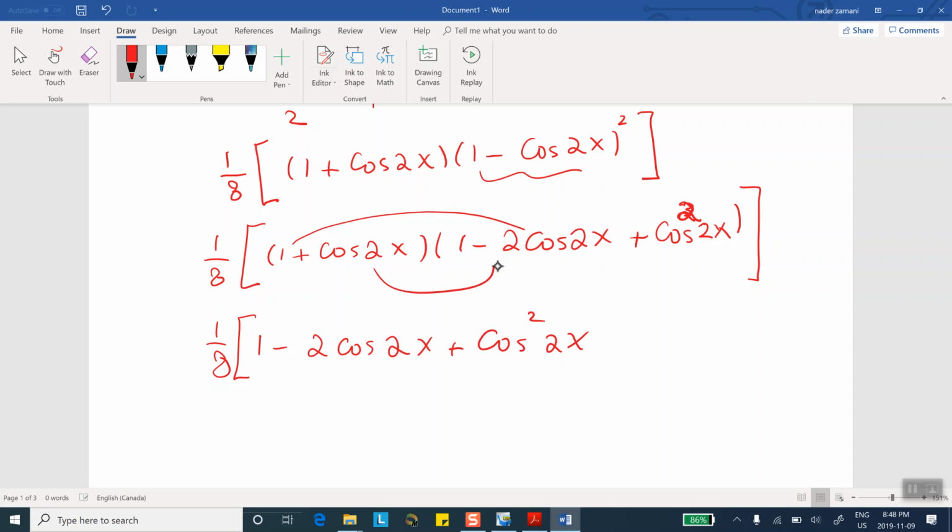And then you FOIL this. So plus cosine of 2x minus 2 cosine squared 2x and plus cosine cubed 2x. Okay?